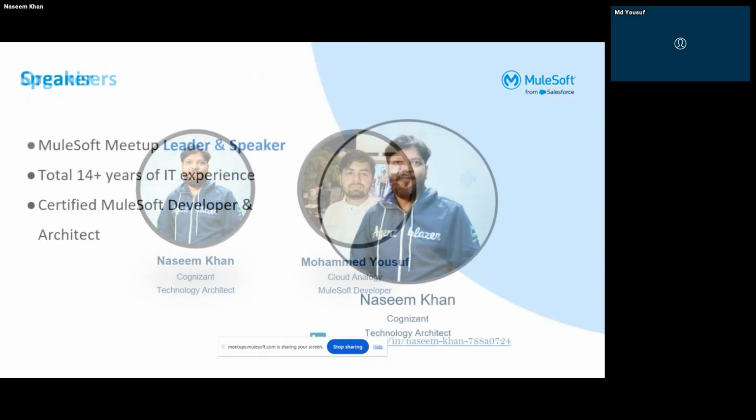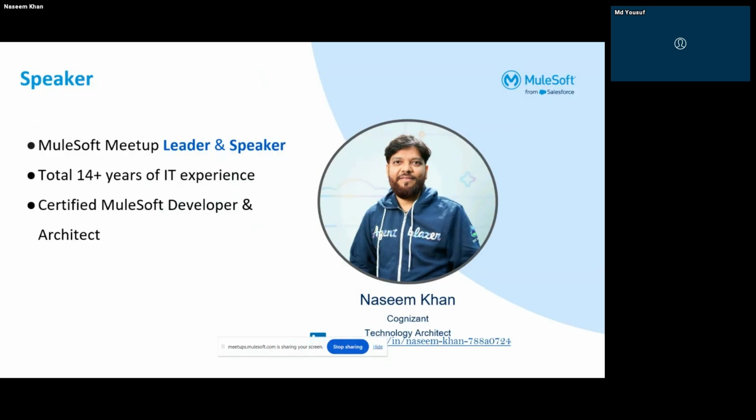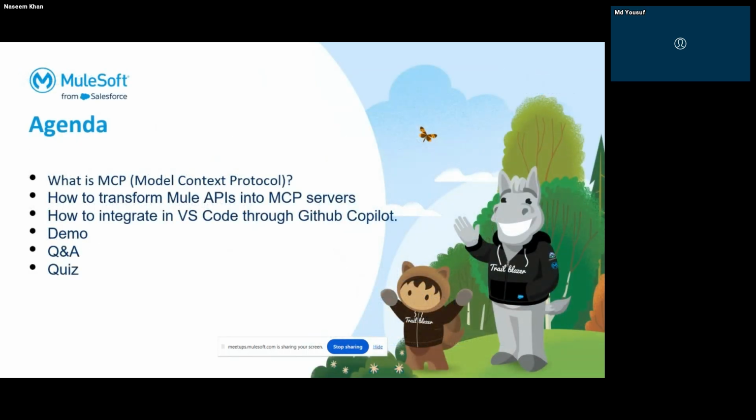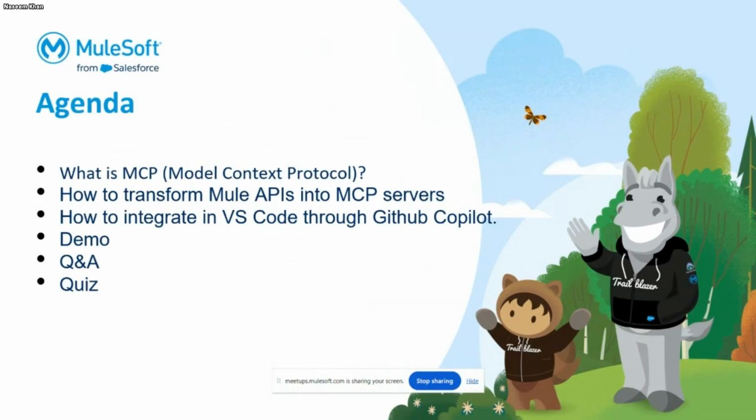Okay, so I have already introduced myself. So what is the agenda of this session? First, we'll talk about MuleSoft MCP support, that is the Model Context Protocol, and how we can transform our existing endpoints. Suppose we have endpoints already developed and designed in a MuleSoft API.